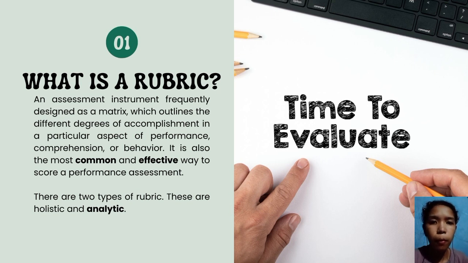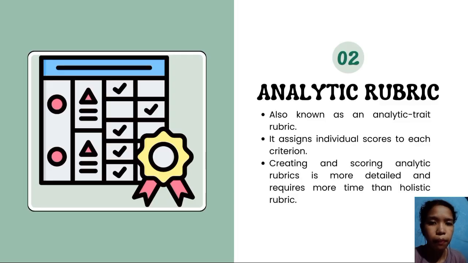It's also the most common and effective method to score a performance assessment because it gives both the teachers and students a clear guide. There are two main types of rubric, holistic and analytic. For today, let's focus on analytic rubric. Since every student has unique answers, we need a tool that fairly evaluates them.